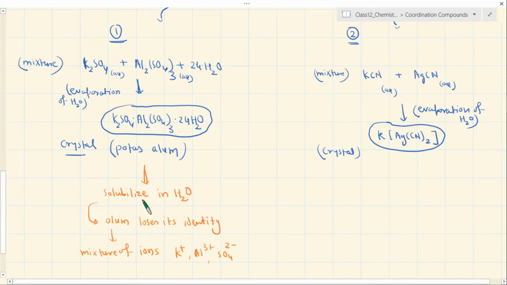Of course, in a certain stoichiometric proportion, it is the same as this one. In the mixture originally which you have taken, it also carried potassium ions, aluminium ions, and sulfate ions. Okay, and of course in water. So you get the same mixture.